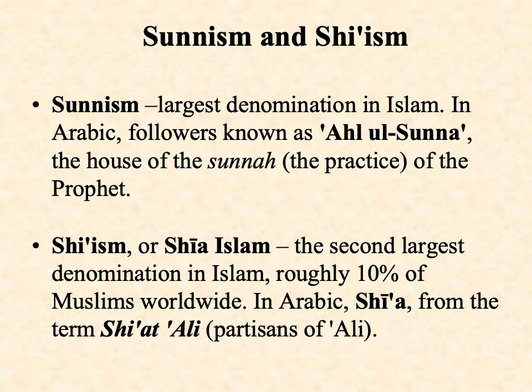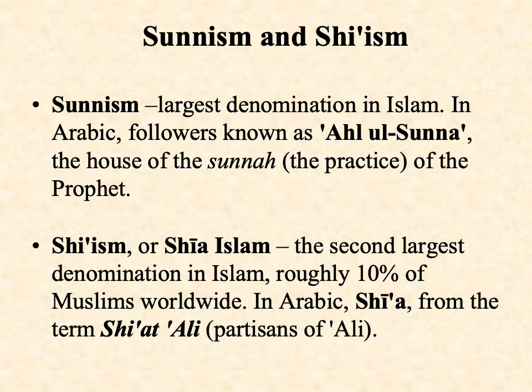So we're going to learn more about both sects. Sunnis, of course, make up the vast majority of Muslims in the world today, roughly 90%. The term Sunni or Sunnism comes from the word sunnah, which corresponds to the behavioral practice of the Prophet, which becomes a model for how one should live their life as a good Muslim.